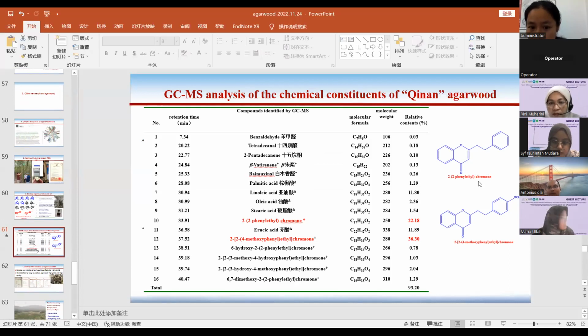And as we know, after burning some agarwood, because in some ceremonies or some religions agarwood is burned, as you know, the chromones also play a very important role in giving a very good smell. And the long-lasting smell is from the chromones also.